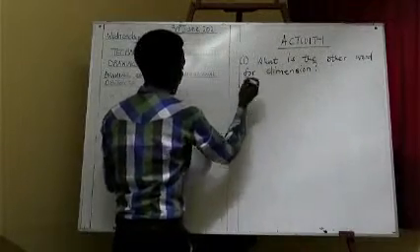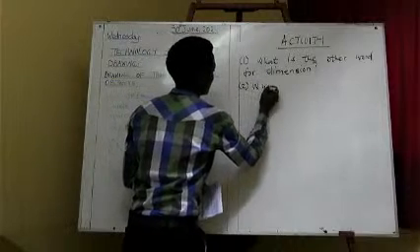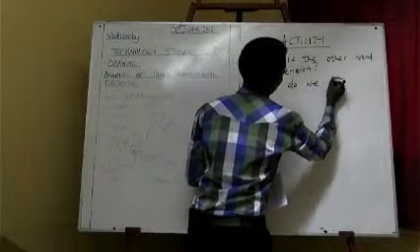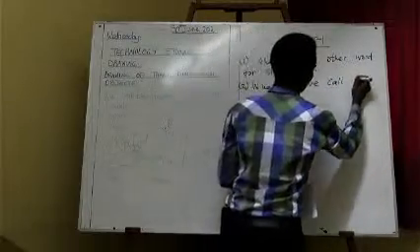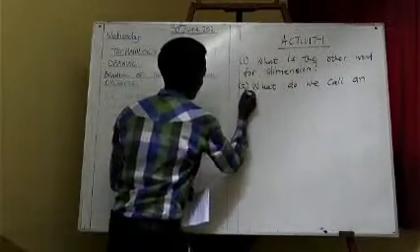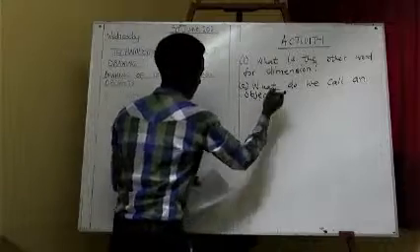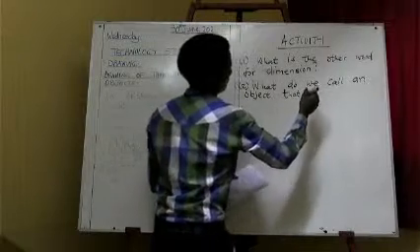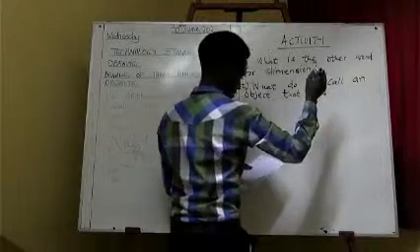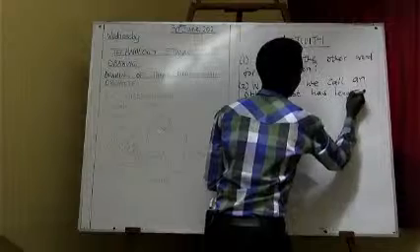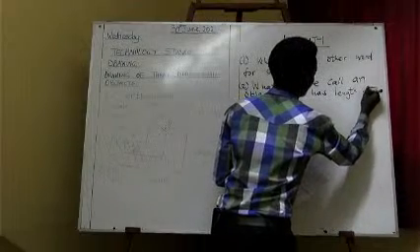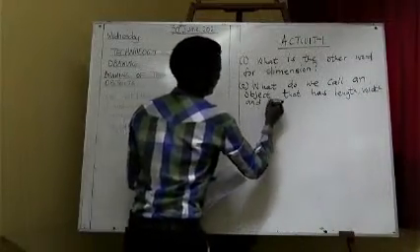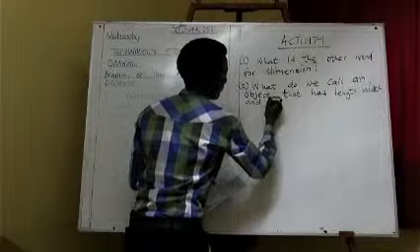Number 2, what do we call an object that has length, width, and lastly the height?